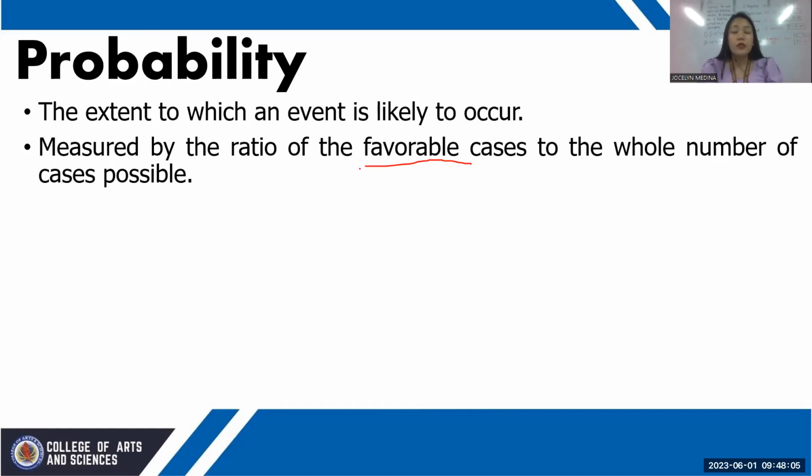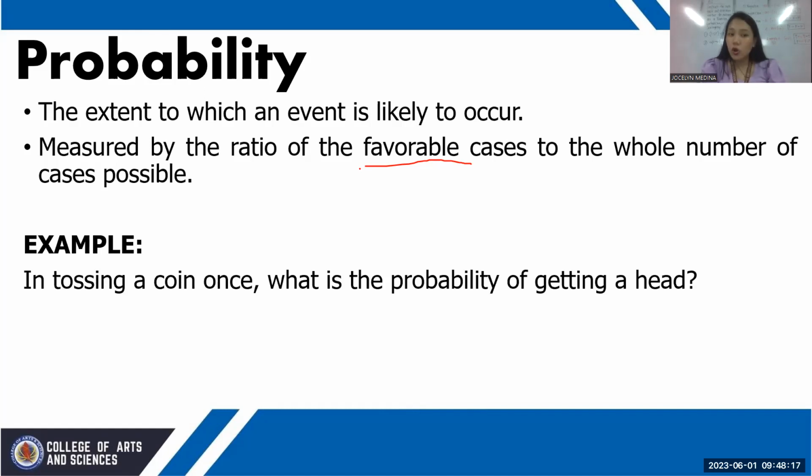So ang hahanapin mo na lang dito is ilan ba yung probability of getting your favorable case out of the sample space na pwede ninyo makuha. Okay, medyo confusing pero let's try to understand.